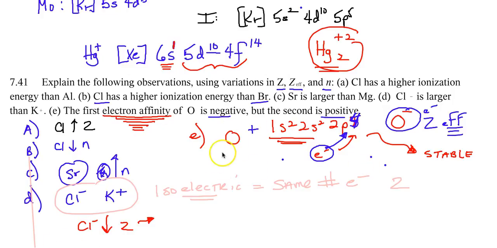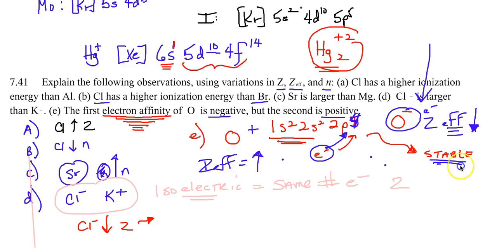So we say the effective nuclear charge, ZEF, is actually larger for this electron because it feels the nucleus. The effective nuclear charge here for the O negative is less because it feels the nucleus so less because of the electron-electron repulsions of these extra electrons. Therefore, this is not a stable scenario to gain an electron. You would have to add energy, right?